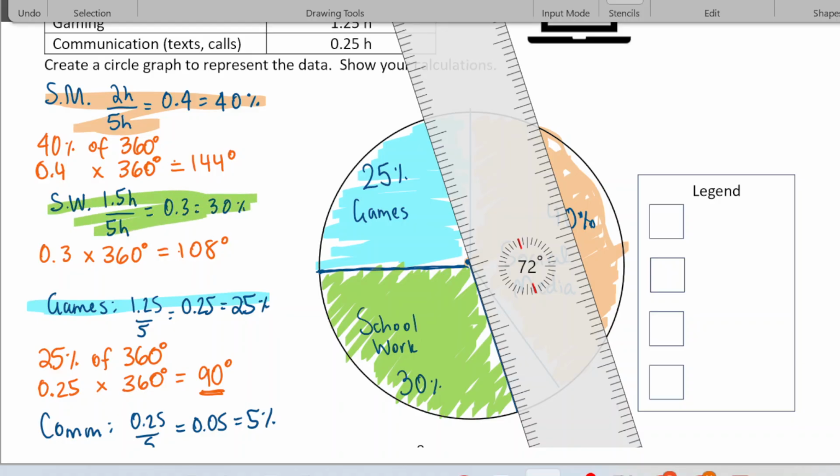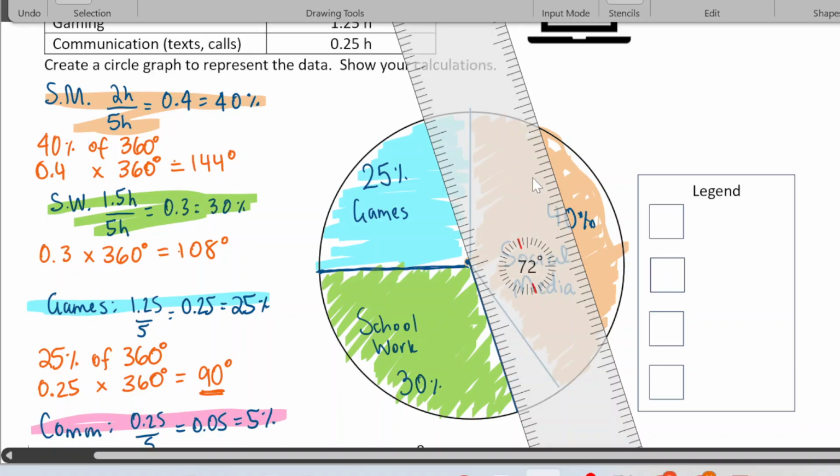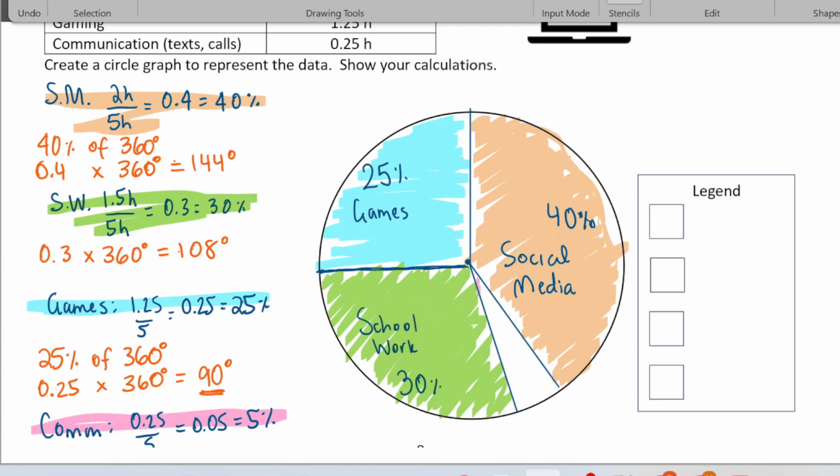That's done. And then the last one is going to be my communication, and that is my 5%. Okay, and we can see that's the smallest. That makes sense. So 5%, I'll just write COM for short. That's why we have the legend though, so that we can see everything better.